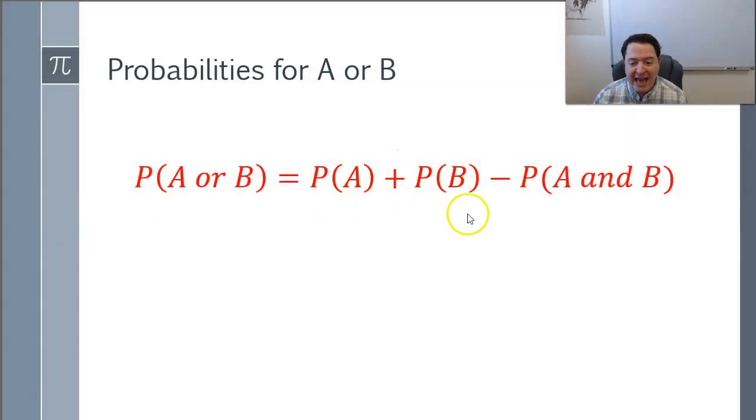I've counted them in the days that are sunny, and then I added them together with the ones that are cold. So I've included those days twice. I've included them in the probability of being sunny, and I've included them in the probability of being cold. I don't want to double count them. And so that's essentially what this piece right here is doing, subtracting off what I've double counted. All right, so that's how that formula works.